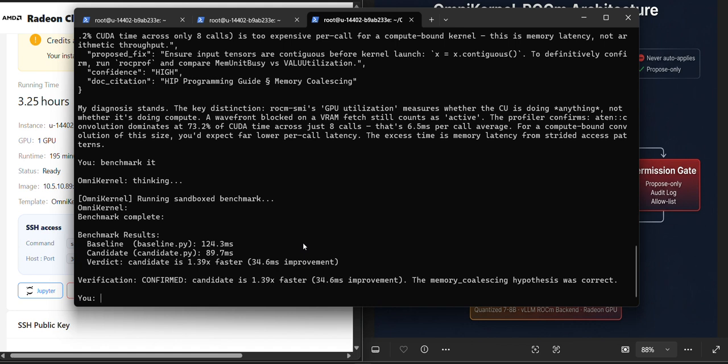On live AMD Radeon RX 7900 hardware, kernel latency drops from 124.3 milliseconds to 89.7 milliseconds, which is 1.39 times faster and an improvement of 34.6 milliseconds.